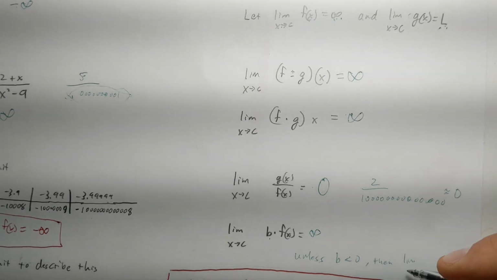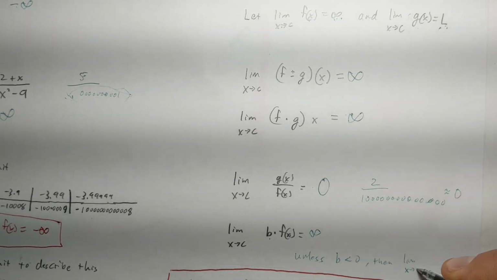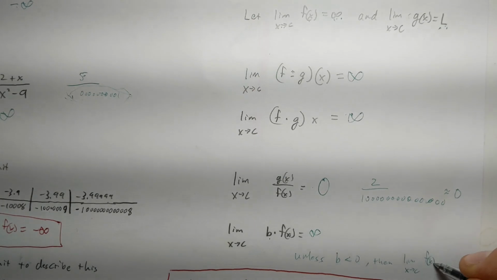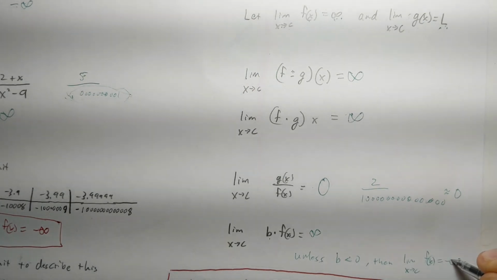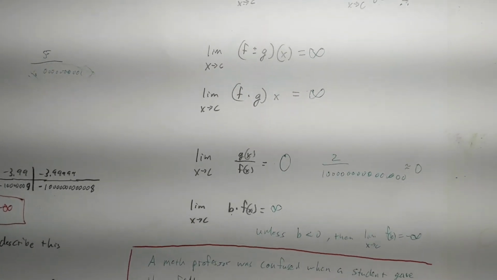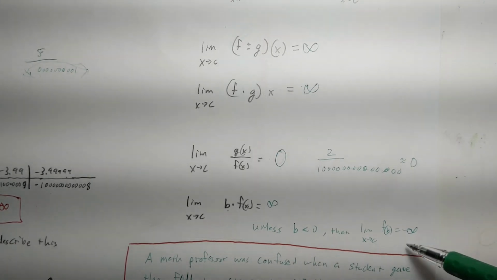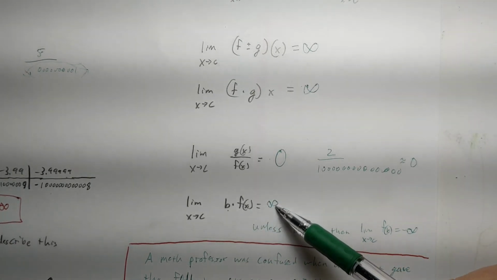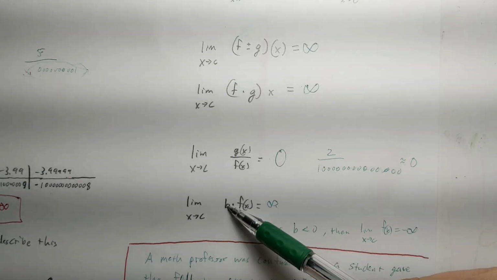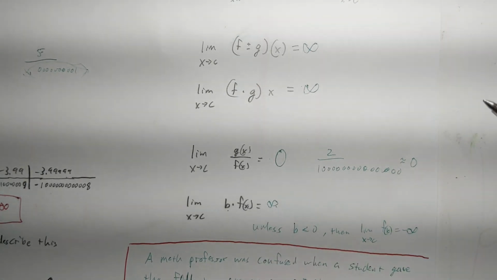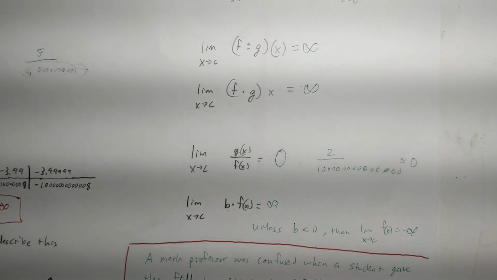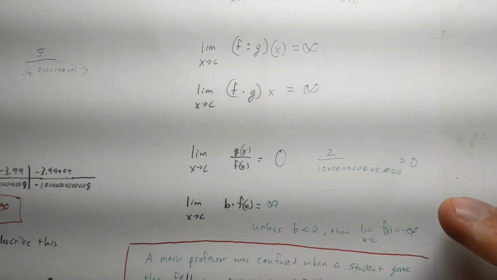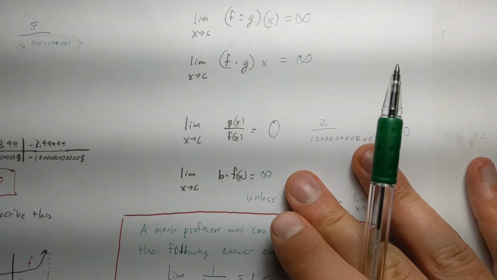Then the limit would be negative infinity. So you do need to keep that in mind. If you're going towards some huge number and then you multiply it by a negative, it's going to be going towards negative infinity instead.